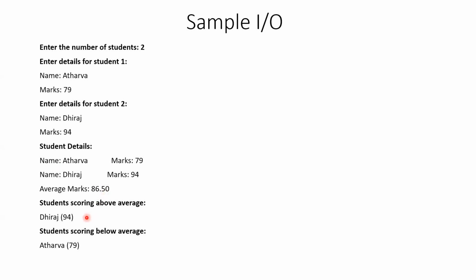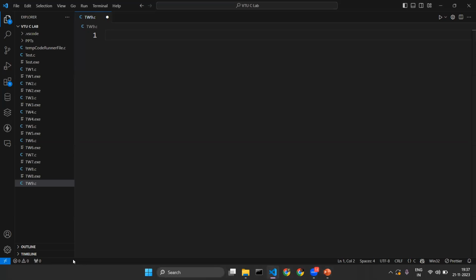The student who is above this average, meaning who has scored above 86.5, is the student who scored 94, and the other student who scored 79 is below it. So this is a simple program to implement using structures. Let us solve this using C programming.